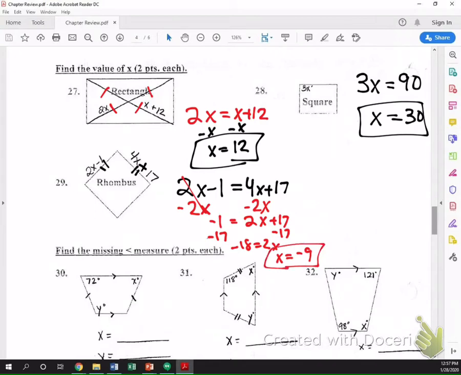Now, actually, upon further review, later when I was doing it, I decided that it probably was supposed to be a minus sign. If you do it as a subtraction sign, what do you get? I think you get 8, because you'd get 16 equals 2x. So if you got 8 because you changed this sign, that's fine. That's more of a typo error. The important part is to know that they're equal to one another.